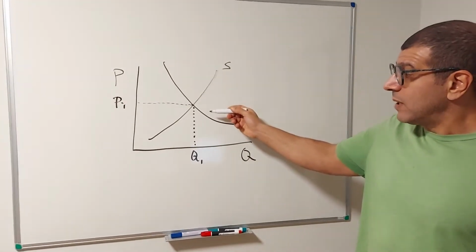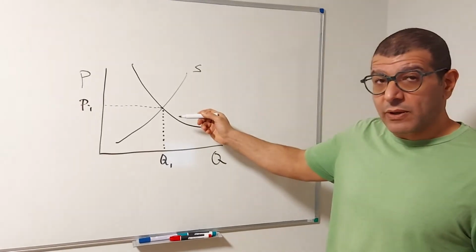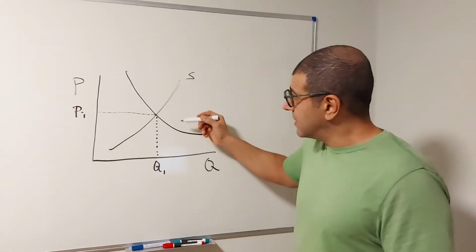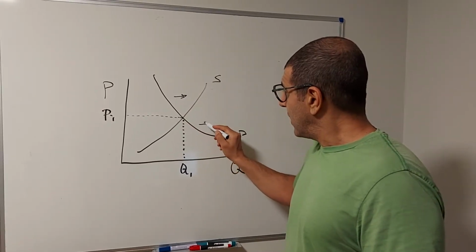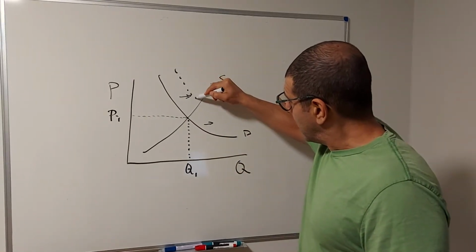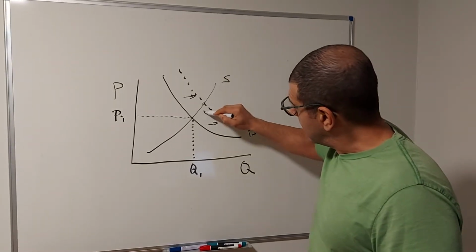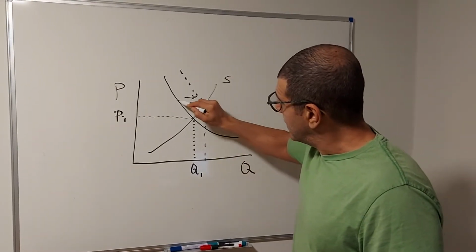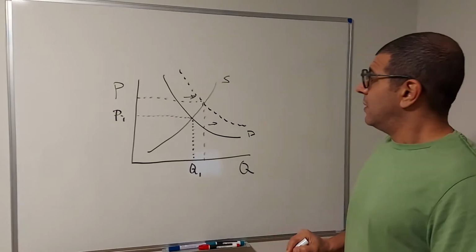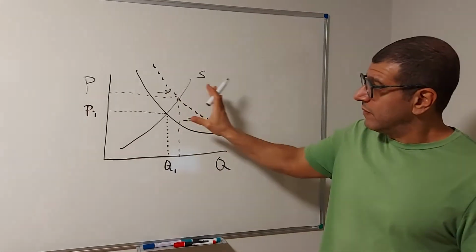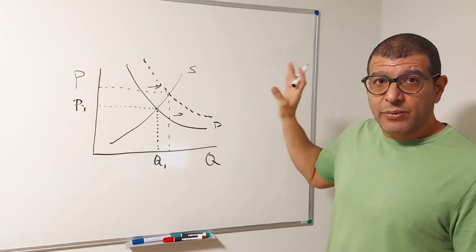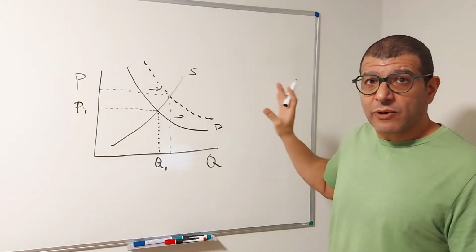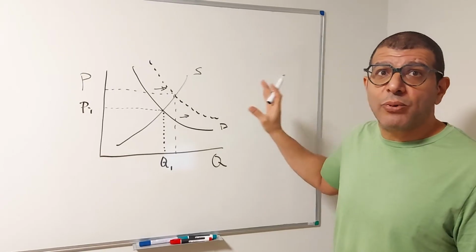Now, normally what makes changes in the price level of any commodity is a movement either of the demand curve, shifting to the right or to the left, creating a new price and new quantity demanded equilibrium, or a shift of the supply curve. So this is, in a nutshell, the relationship between price and quantity for a normal commodity or a normal product.